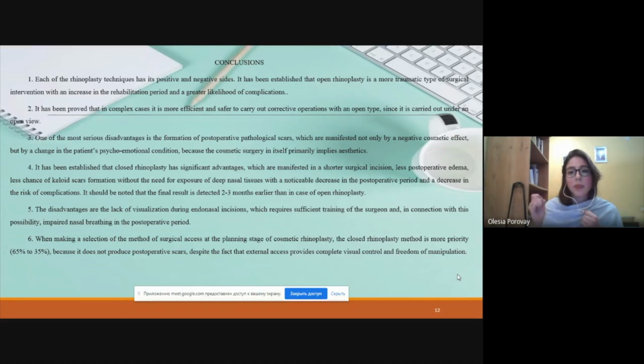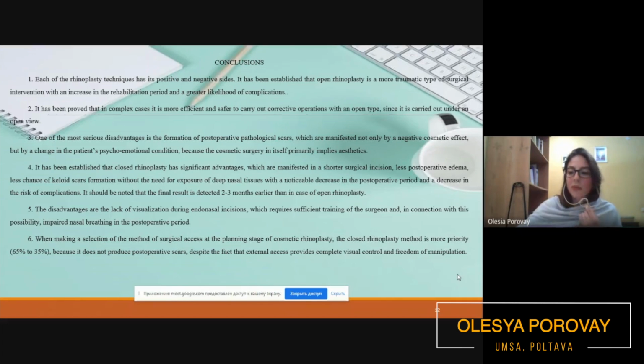And what about closed rhinoplasty? As for me, it's the most aesthetic method, and the drawback of this type is, of course, poor visualization during the operation, but we should choose this method because aesthetic rhinoplasty is, of course, about invisible and aesthetic cosmetic results. Thank you for your attention.